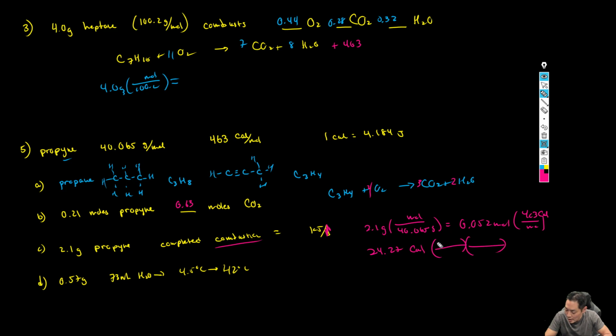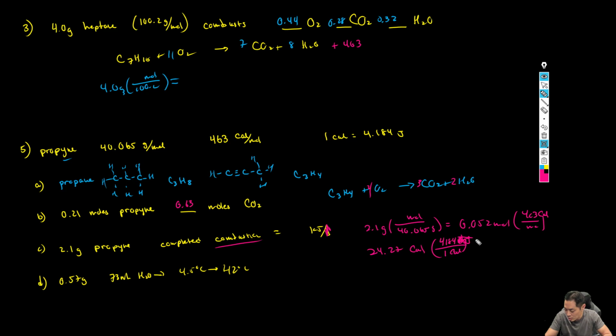Actually, I think I only have to do it once. It's 4.184 joules per calorie, but now we're going to do kilojoules per 1 calorie, or joules.